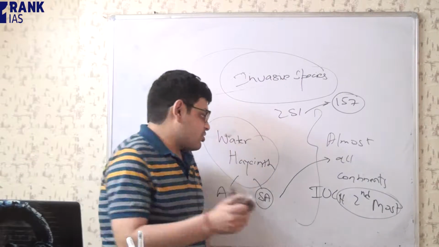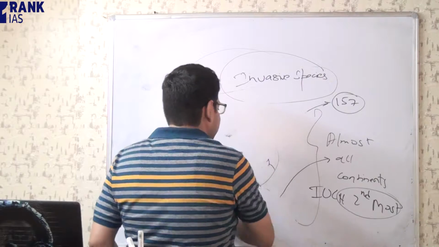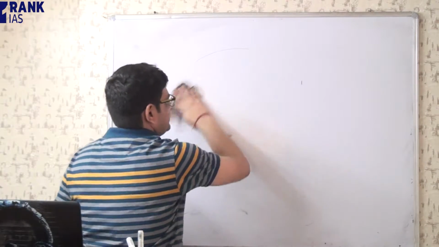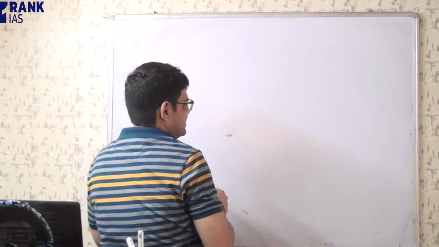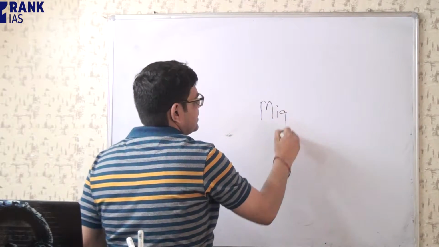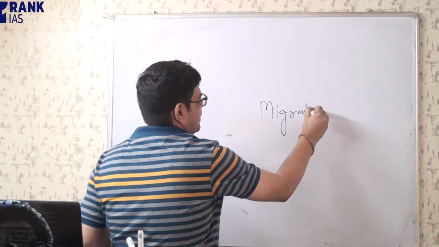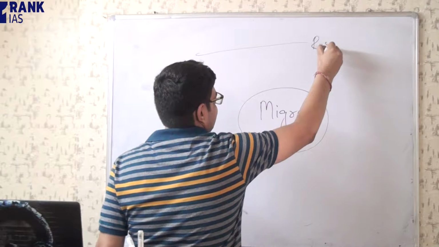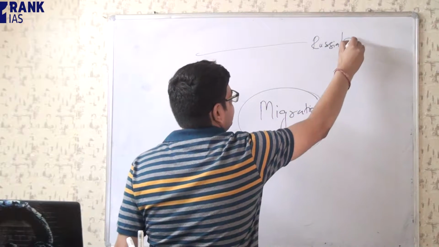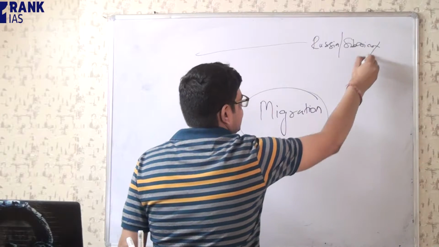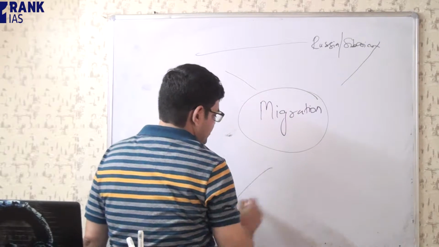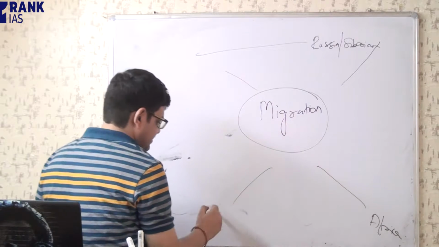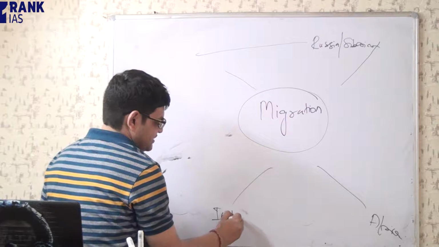Now we move on to the next topic, which talks about migratory birds in India. As we all know, India lies on the route of migration from the colder regions of Siberia to the hotter African regions. So if this is Russia and the Siberian region, or the polar region if you say, migratory birds fly to their southern destinations like Africa or Indonesia or other Southeast Asian nations.